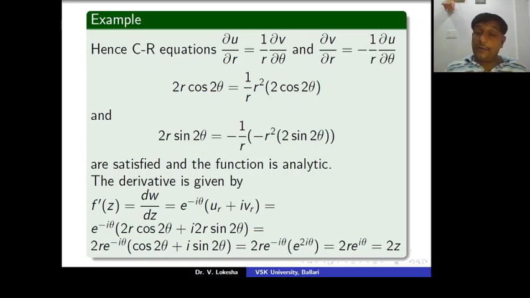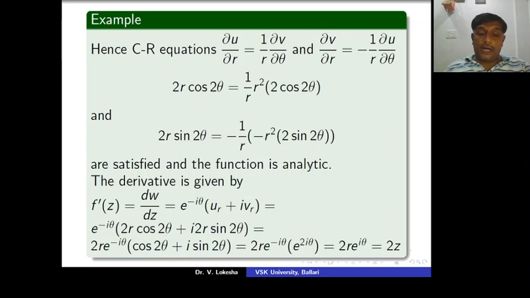The derivative is given by f dash z is equal to dw by dz, that is equal to e power minus i theta into ur plus i times vr. Then ur can be substituted.